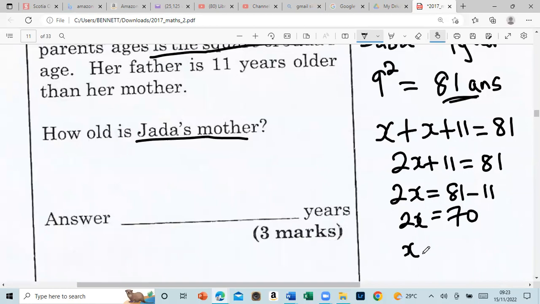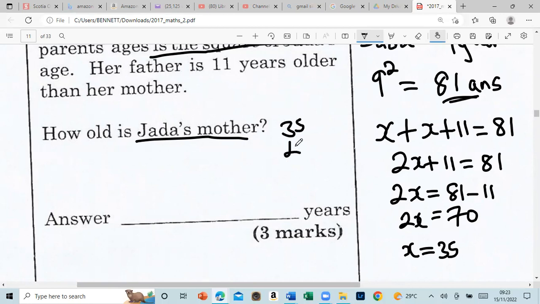Let us check it just to make sure. Her father is 11 years older. So this is 11 plus. Yeah, so the father would be 46.